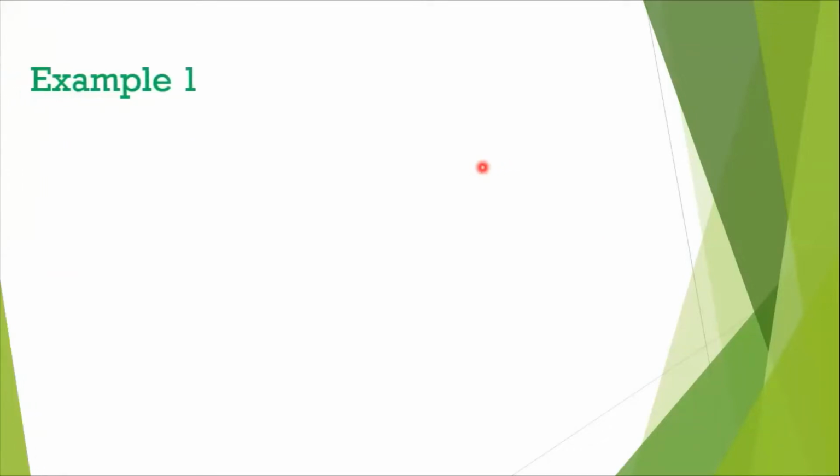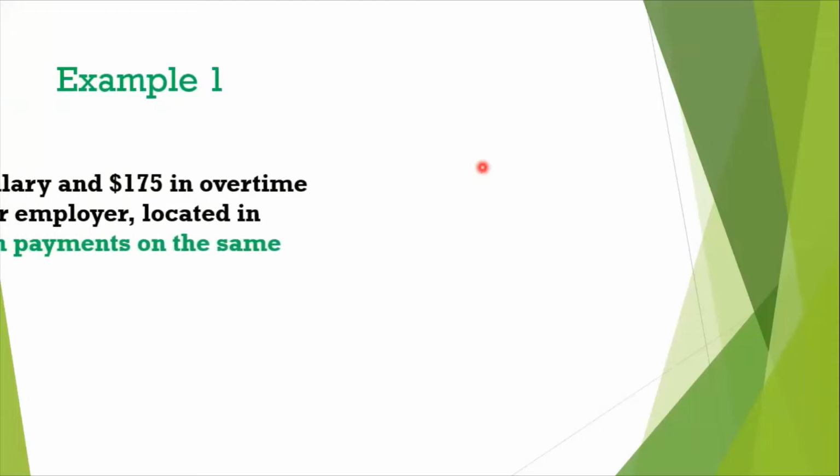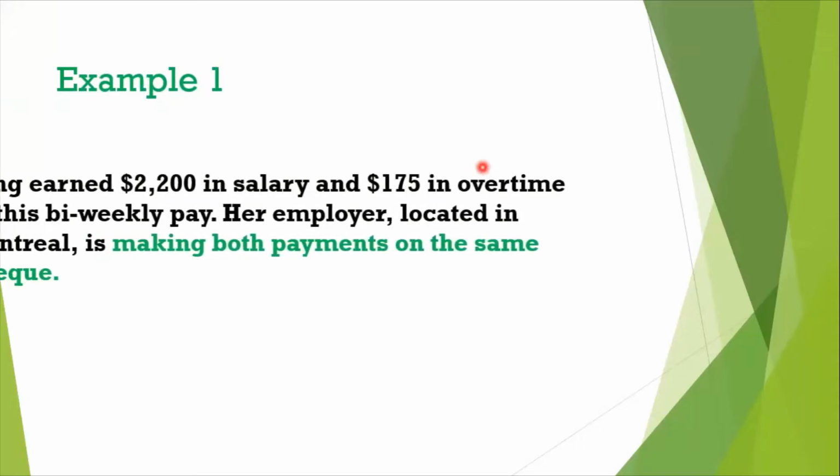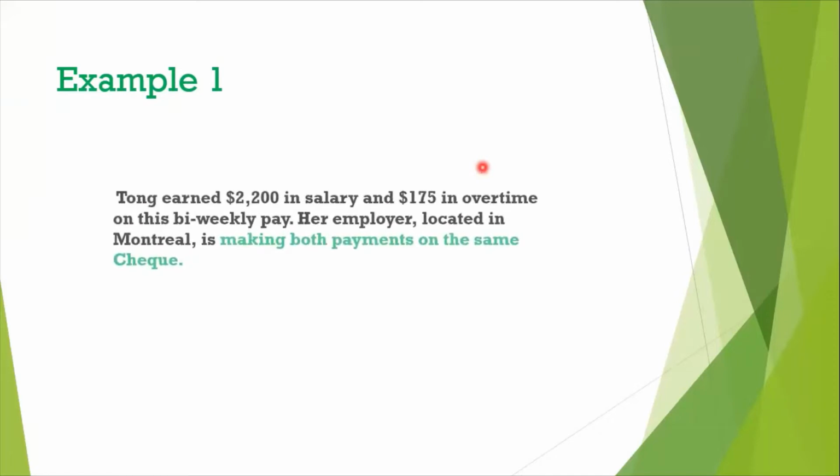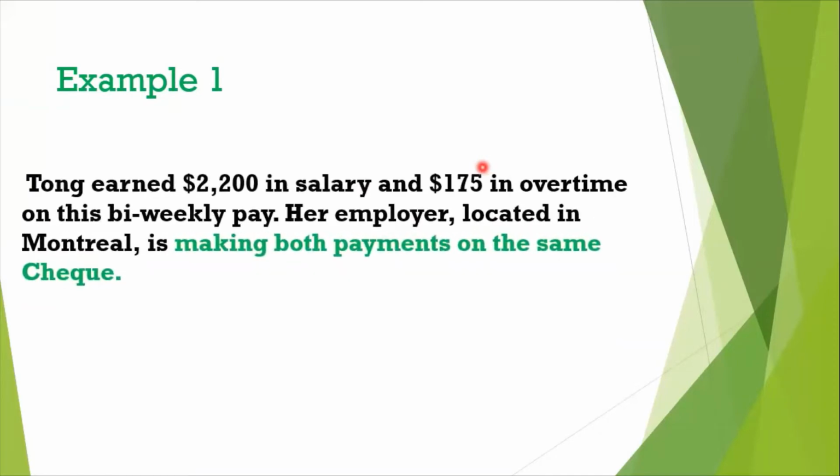So I'm going to give you one example to show you how you can calculate Quebec Pension Plan contribution. In this one, we are going to use the overtime example. We are talking about Tong Han, 2,200 in salary and 175 in overtime on the biweekly pay.